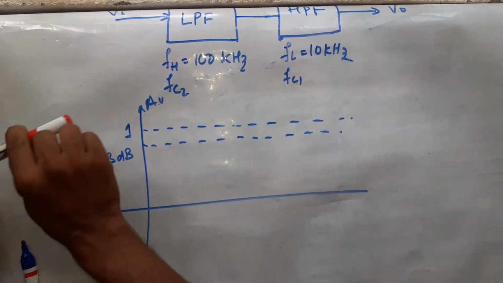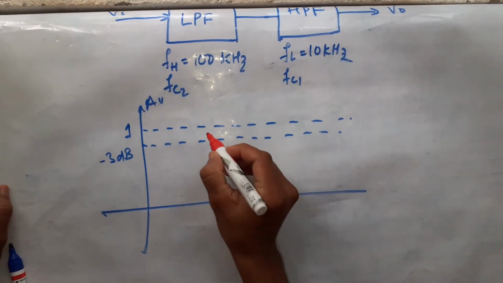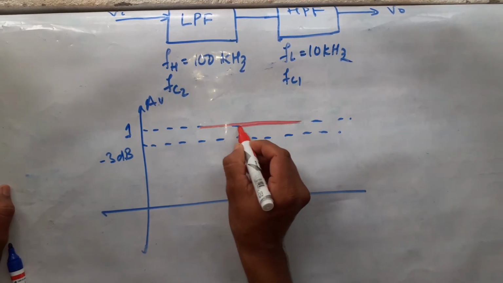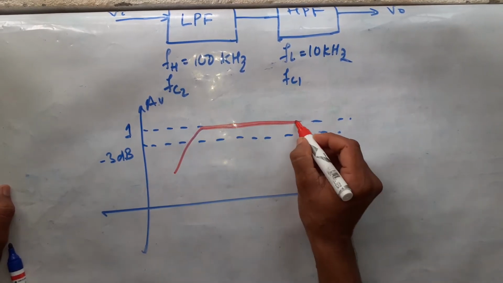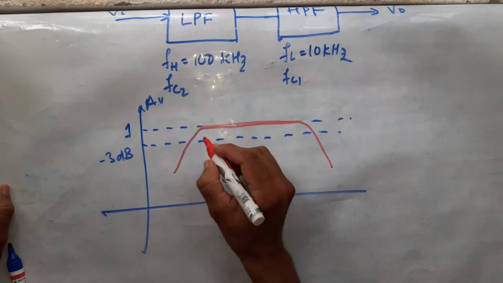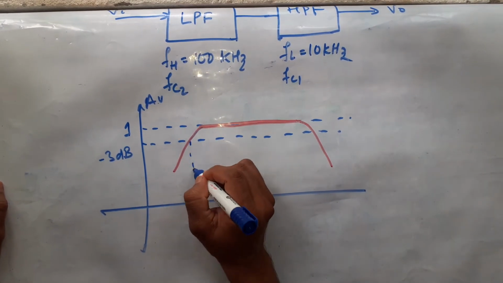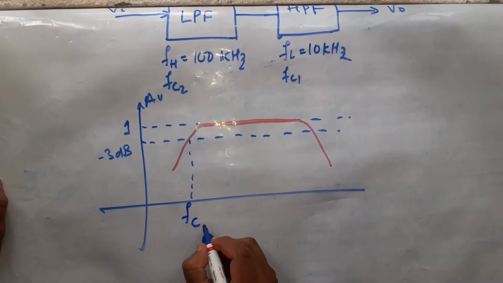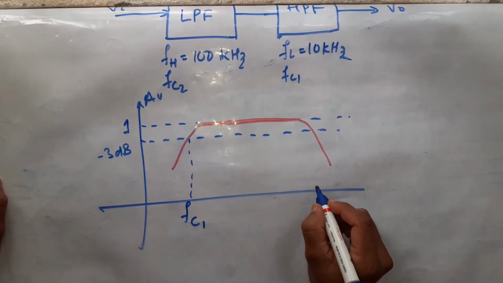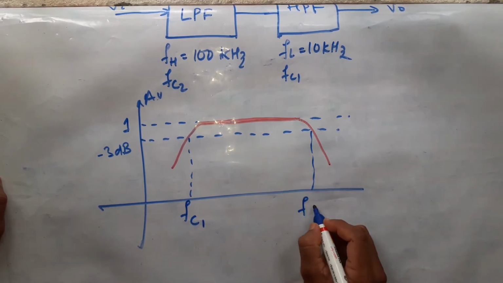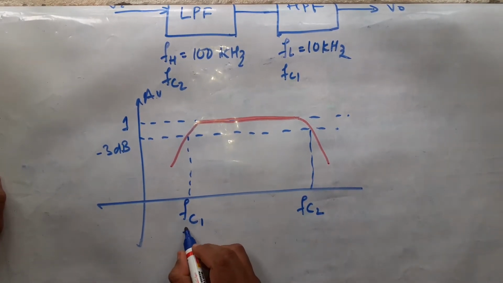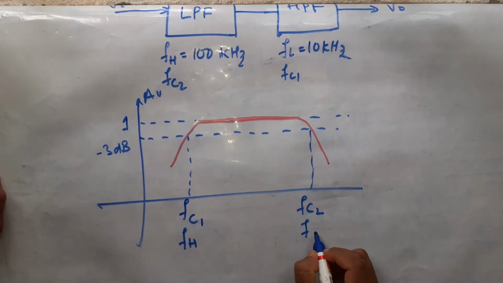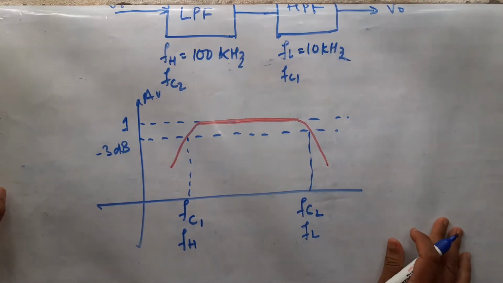Then your output is going to be like this. And the point where it cuts minus 3 dB is your cutoff frequency. Which cutoff frequency? F1, FC1. This is your FC2. This is also called FH. This is also called FL.